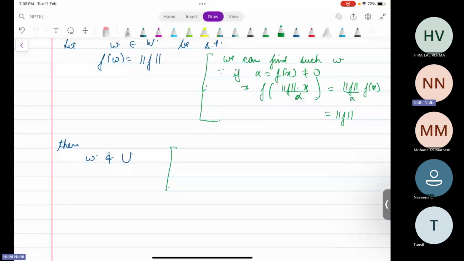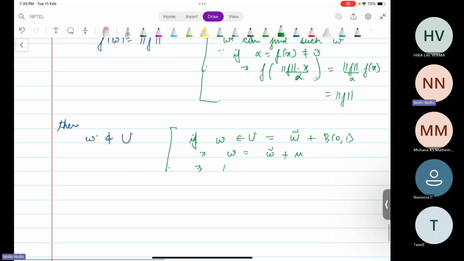Now suppose w belongs to U, now what is U? U is W tilde plus B(0,1). This implies w is equal to some w tilde plus some u where norm u is strictly less than 1.